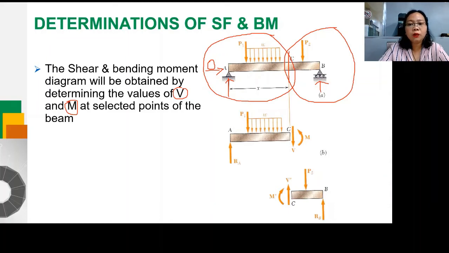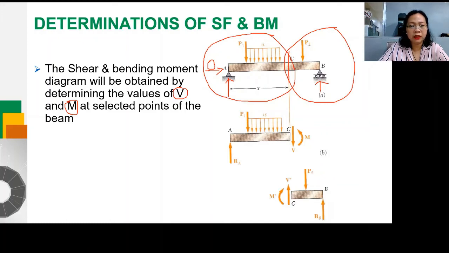Because you only have to consider the point load P2, whereas at the left side of the beam you have a concentrated load P1 and then a distributed load W. But before we select which section, let's start analyzing the left side of the beam.